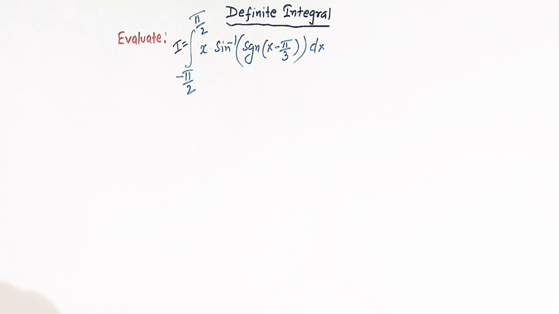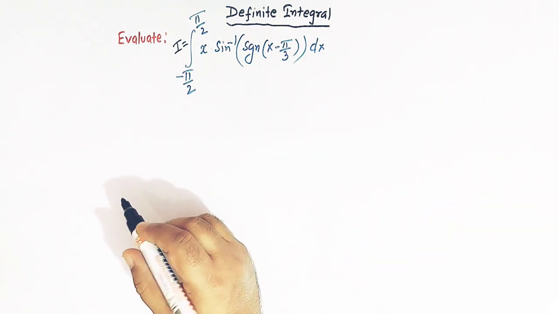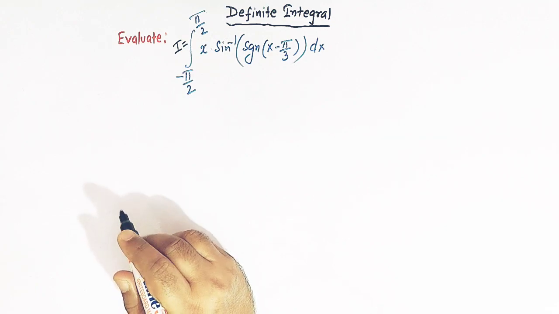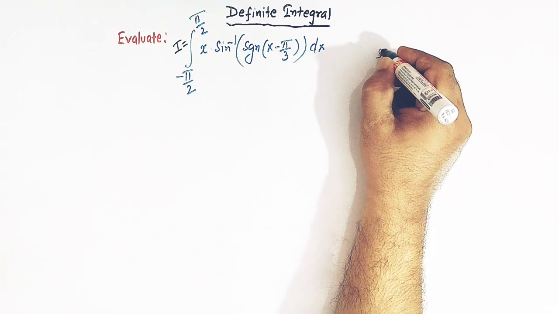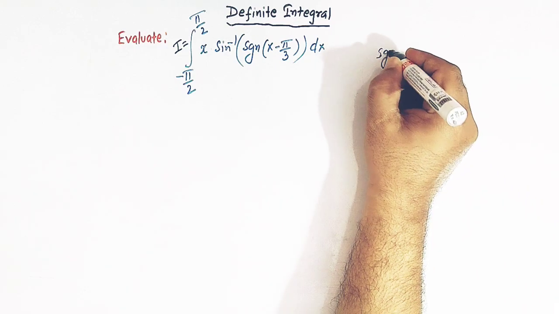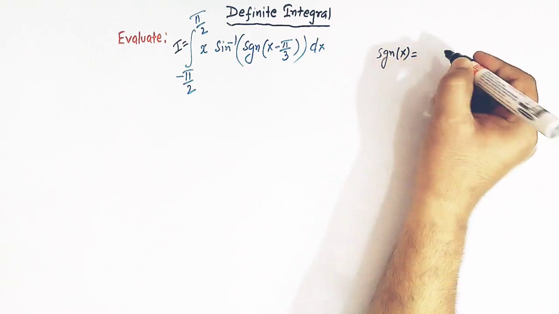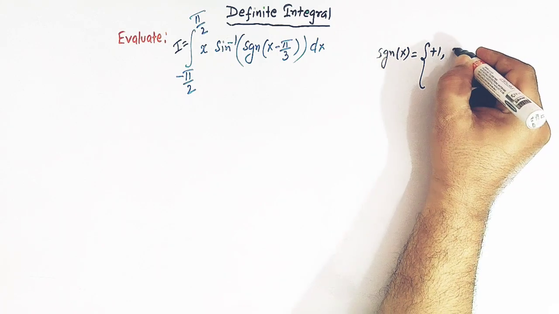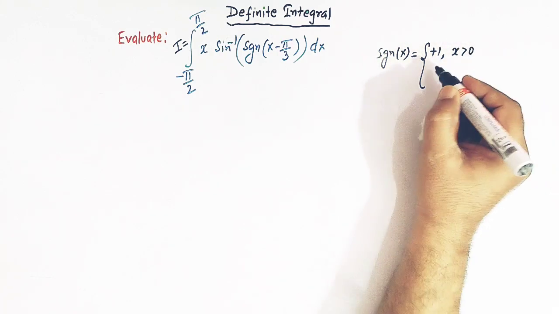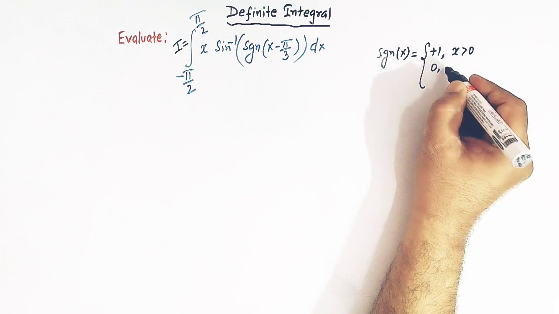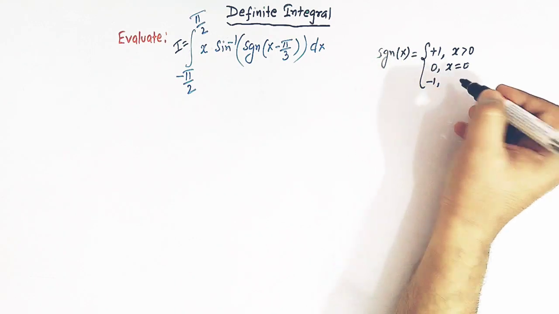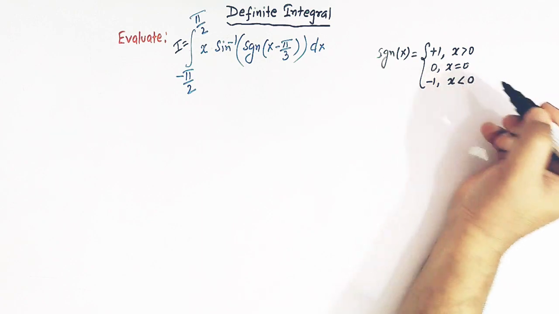So let us first quickly revisit the definition of the signum function. Signum of x is equal to plus 1 whenever x is greater than 0, signum of x is 0 whenever x is equal to 0, and signum of x is minus 1 whenever x is less than 0.